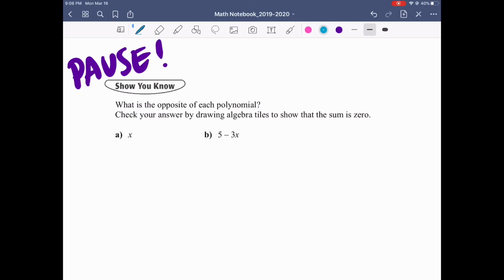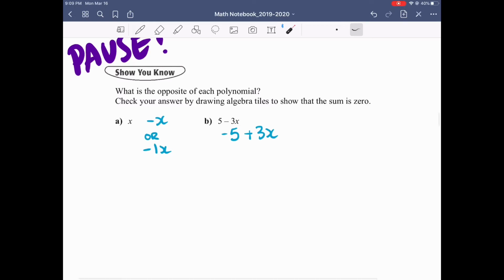By inspection, you should have found that the opposite of x is negative x, or negative 1x. They're the same thing. And the opposite of 5 minus 3x is negative 5 plus 3x. If you're having trouble with these two, you should draw out the algebra tiles and see which ones you would need to add to make 0 pairs.